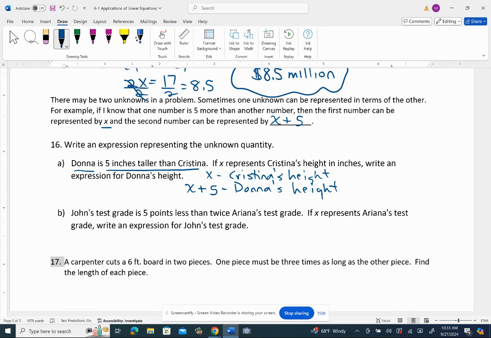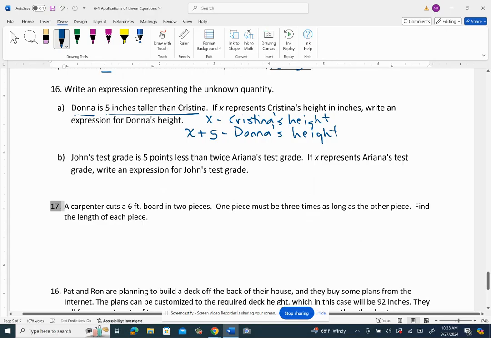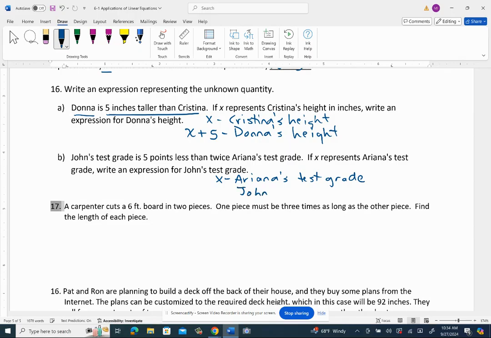Okay. All right, now let's try that with B. So we have X representing Ariana's test grade. Then we're trying to come up with an expression for John's, and rather than using a different variable like a Y, we could actually write an expression in terms of X for that. And it comes from us taking this right here and translating it.